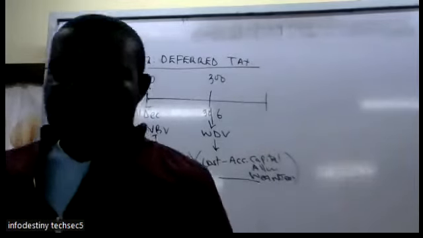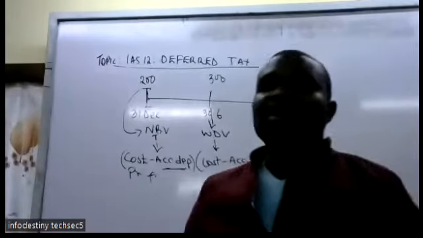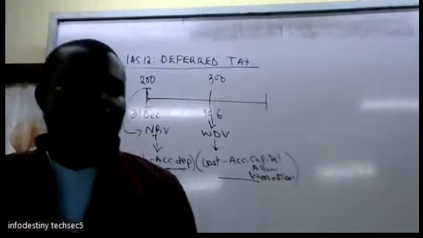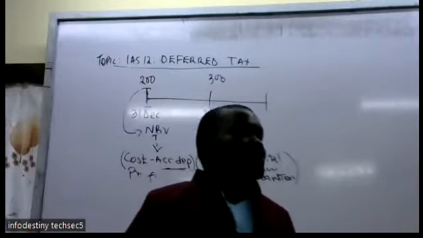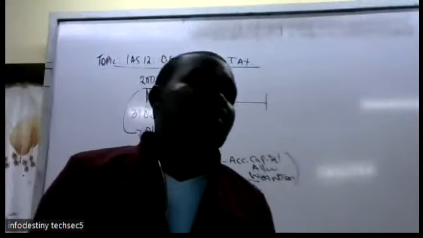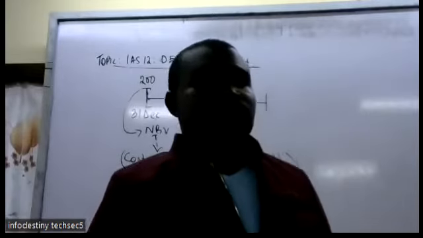So let's write, and I'm going to be very brief on the write-up. You say: Deferred taxes and future tax obligations. Full stop.